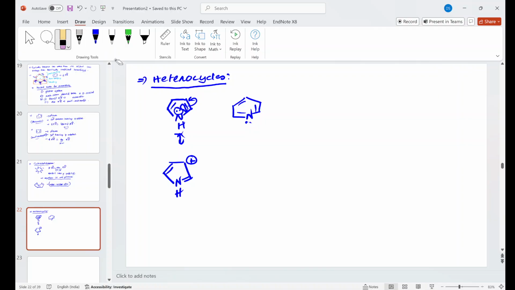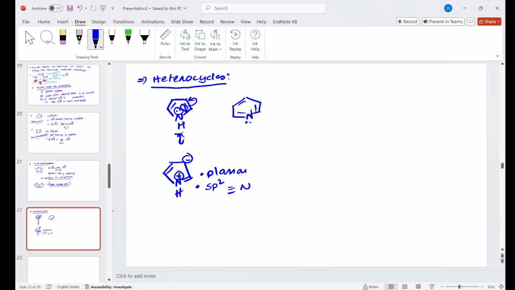This will be minus. Now you can see here, this is planar, this is an sp2 nitrogen.